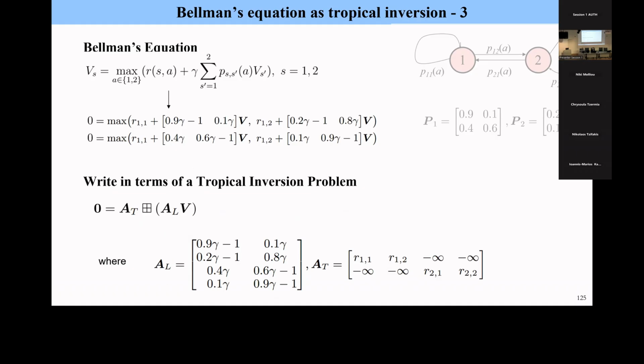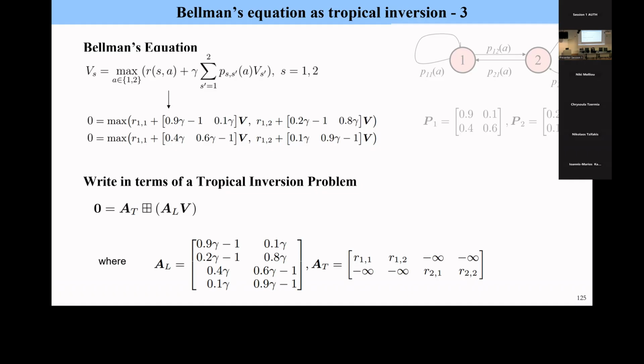Specifically, we can have in this Markov decision process with two states, state 1, state 2, and two actions, and given the probability transition matrices P1 and P2, we can actually write, in terms of a tropical inversion problem, this equation that involves both a linear product of the value vector V times the matrix A_L that involves both the probabilities and the decay parameter gamma, as well as a max plus product of this result with a matrix A_T, which involves rewards and some minus infinity constants.